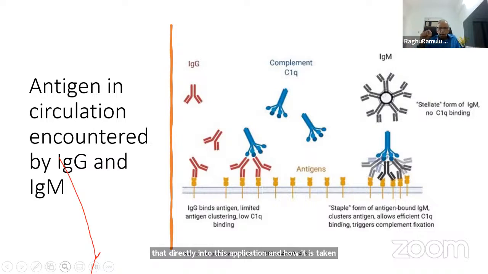If the proteinaceous antigen is very small, IgG can encounter it. Now whether it is proteinaceous or non-proteinaceous, let us keep it aside, because we said T cells are important for recognition of antigens of protein nature. Now let us keep that phenomenon aside.